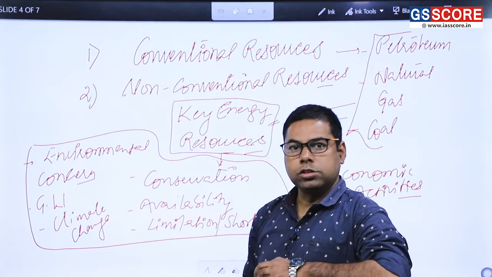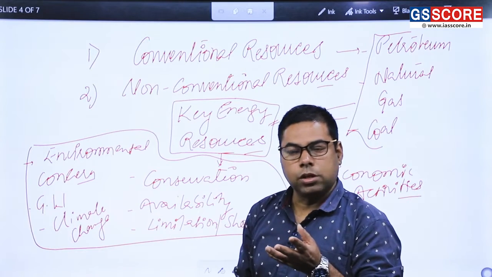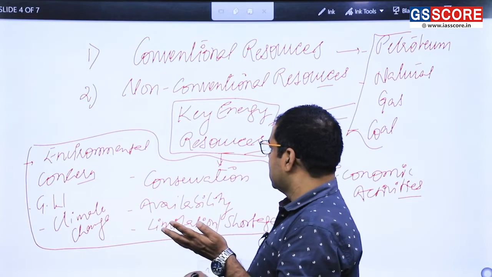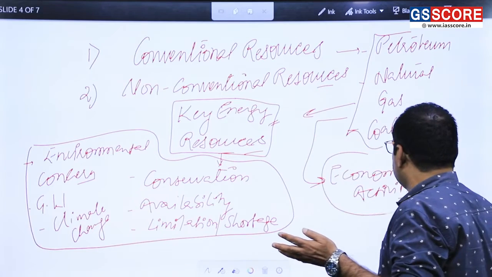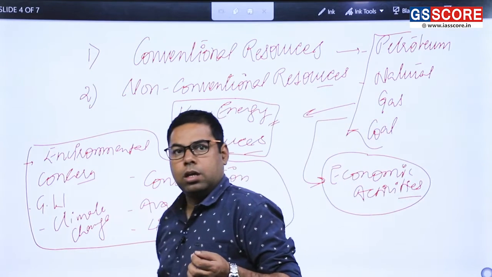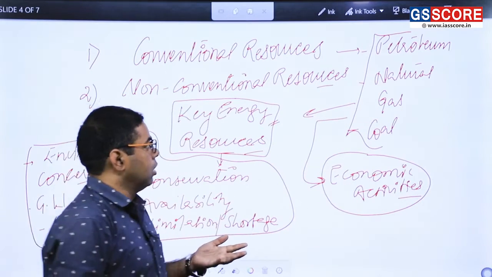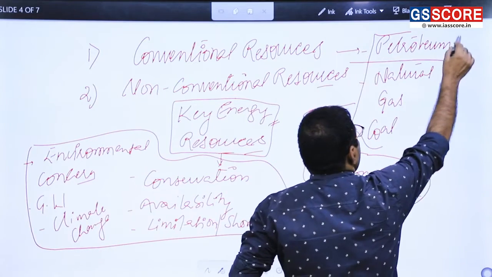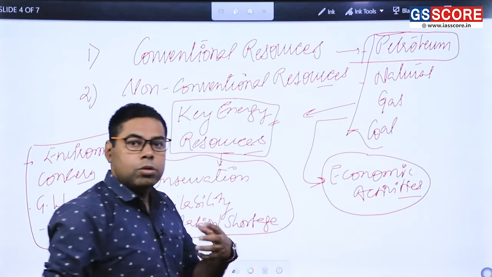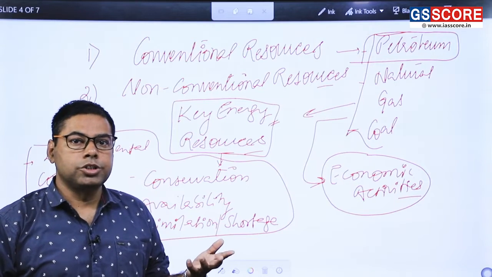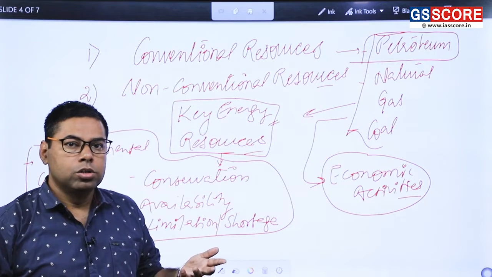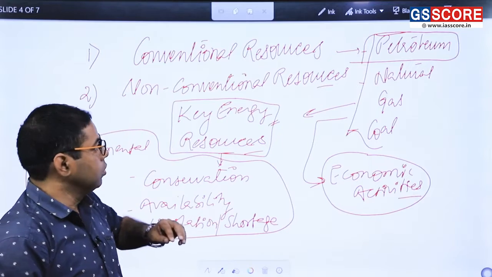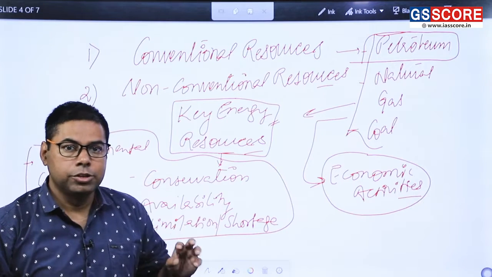right? If these resources are exhausted from the surface of the earth, then all the economic activities will collapse, right? For example, if petroleum is finished, then there will be no mobility of transportation or vehicles. So the movement of all transportation will collapse immediately.